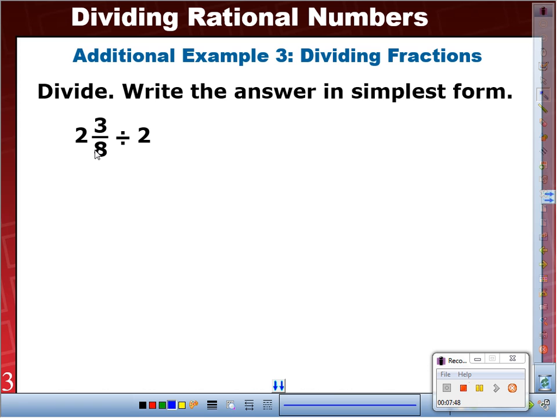He said rewrite it as an improper fraction. So what is 8 times 2, plus 3? 19 over 8 divided by 2.